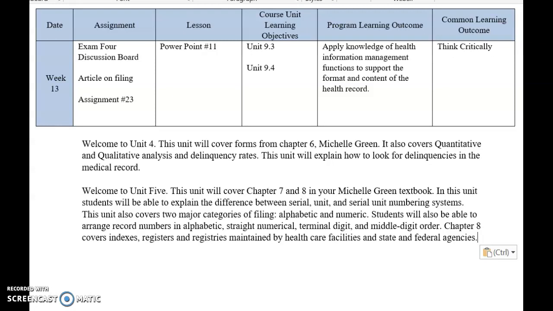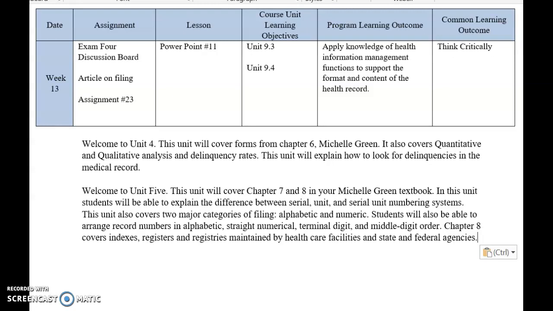It also covers two major categories of filing, alphabetic and numeric. Students will be able to arrange record numbers in alphabetic, straight numerical, terminal digit, and middle digit order. Chapter 8 will cover indexes, registers, and registries maintained by healthcare facilities, state and federal agencies.